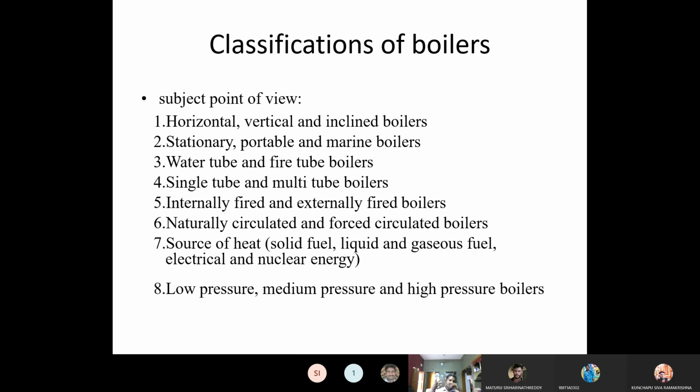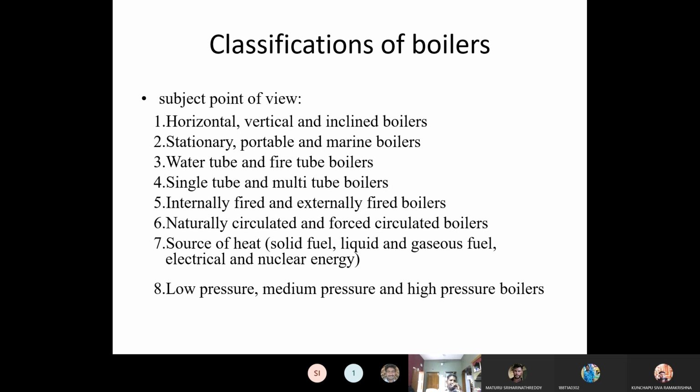Over the water tubes, hot gases flow. As the hot gases flow, the water inside the tubes absorbs the heat, and once the temperature crosses the saturation point, evaporation takes place. The produced steam is supplied to the application point, and steam issues through a nozzle and generates power by expanding over the turbine blades.